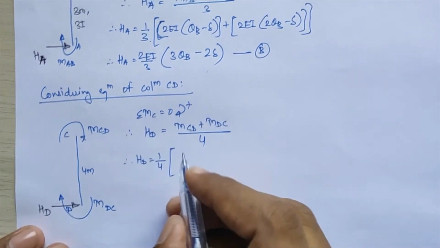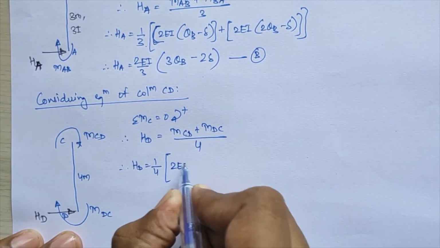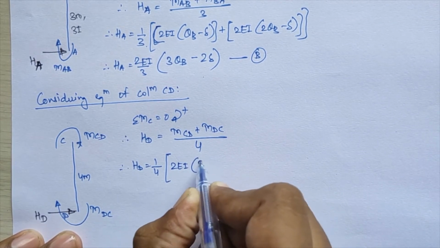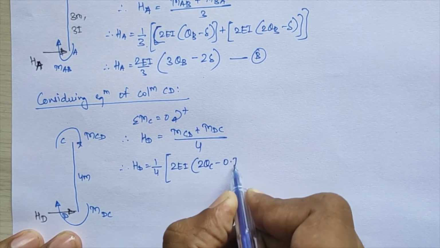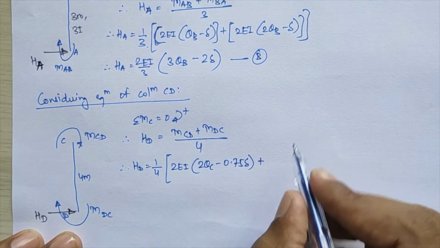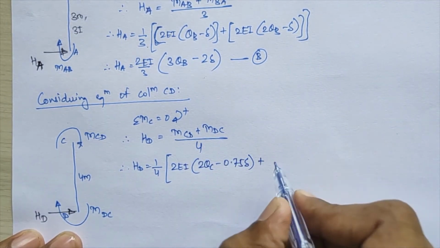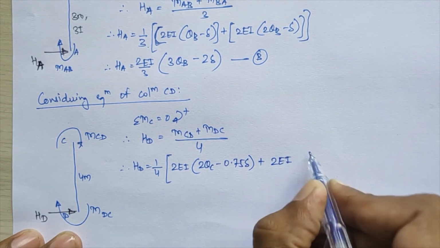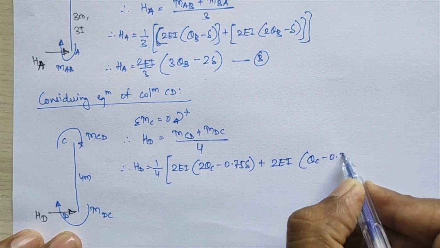Equation number 5 is 2 times EI into bracket 2 theta C minus 0.75 of delta, plus the next equation for DC, again 2 times EI into bracket theta C minus 0.75 of delta.